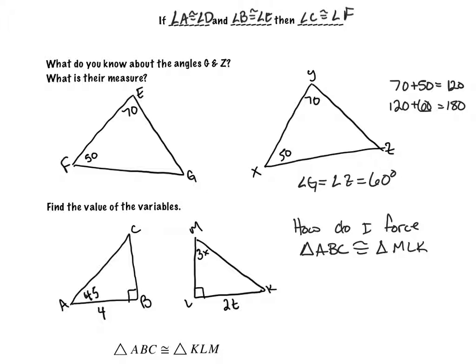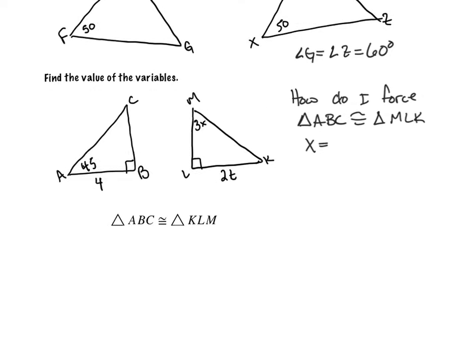So how do I force that? What does that mean then that angles A and M have to be? Both have to be 45, they have to be congruent, right? But I want to know what does X equal then for those to be congruent?